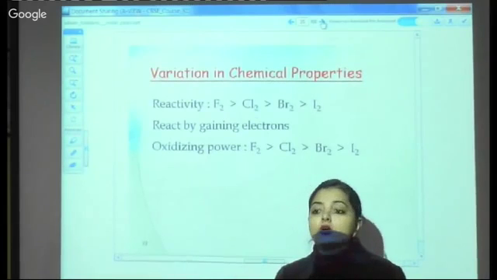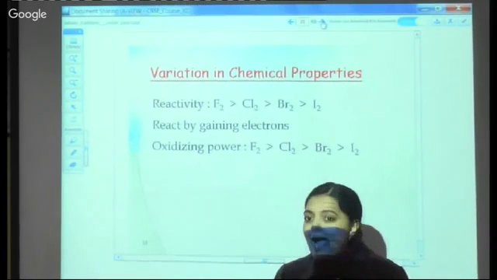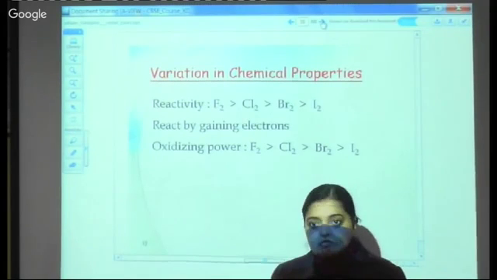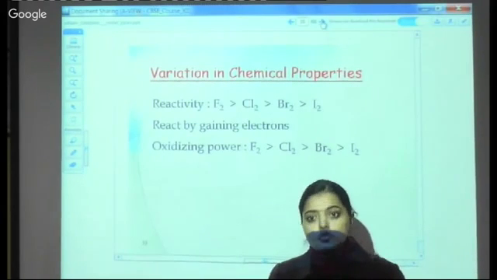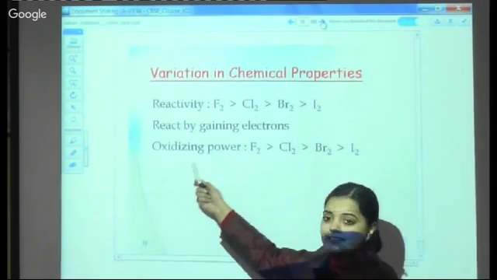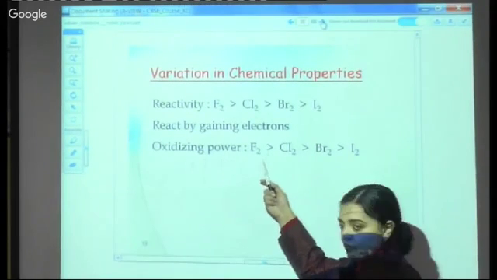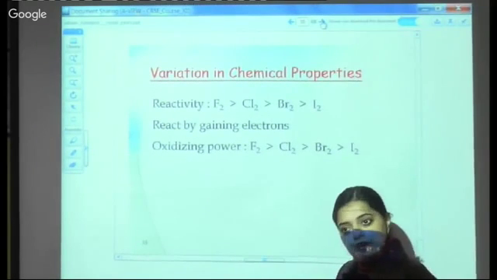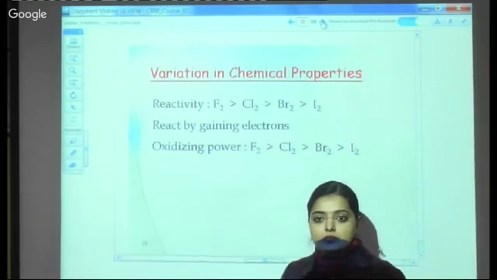But if we need to rank them, the ranking follows their reactivity. The more reactive, the better the oxidizing agent. So the oxidizing power comes up as fluorine the maximum and iodine the least, because of the reactivity series.